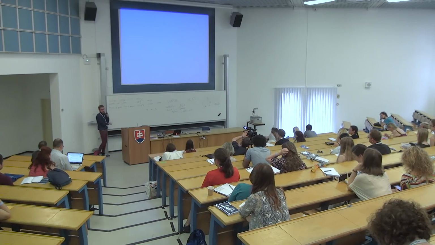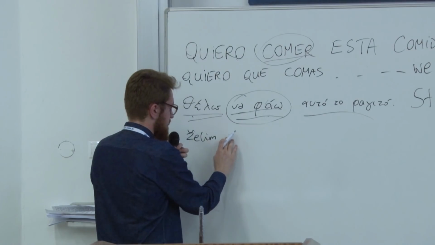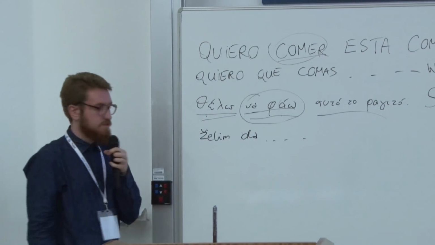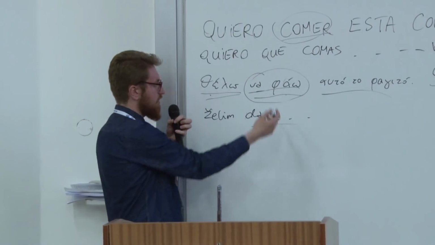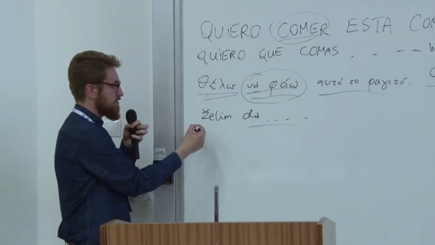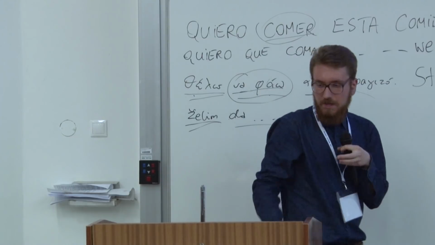The same thing happens in Serbian, for example. When you want to say, I want to eat something, želim da, and conjugated verb. So you don't use the infinitive. There's another analogy. You don't always use the infinitive after a modal verb, like I want to do something.